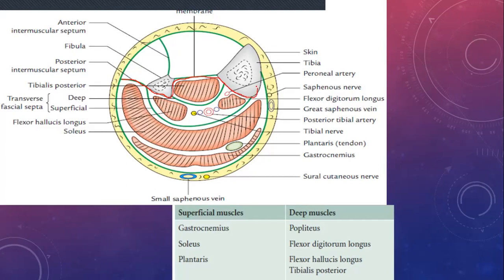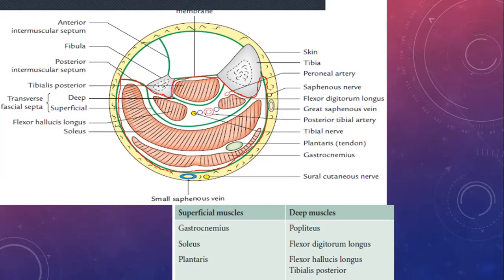You can see it is formed by the posterior intermuscular septum, fibula, posterior surface of interosseous membrane, and the posterior surface of tibia here. Then its posterior boundary is formed by this, the deep fascia, extending all the way from the medial border of tibia to the posterior intermuscular septum.